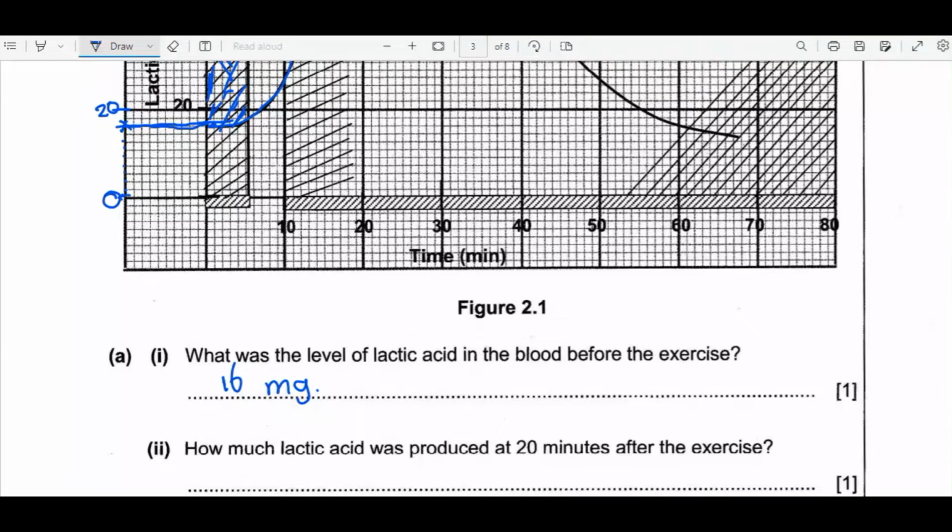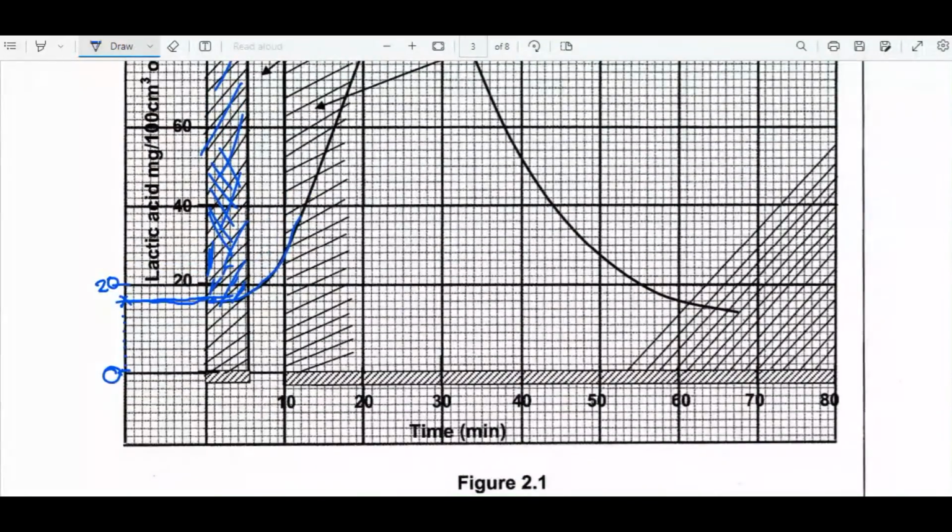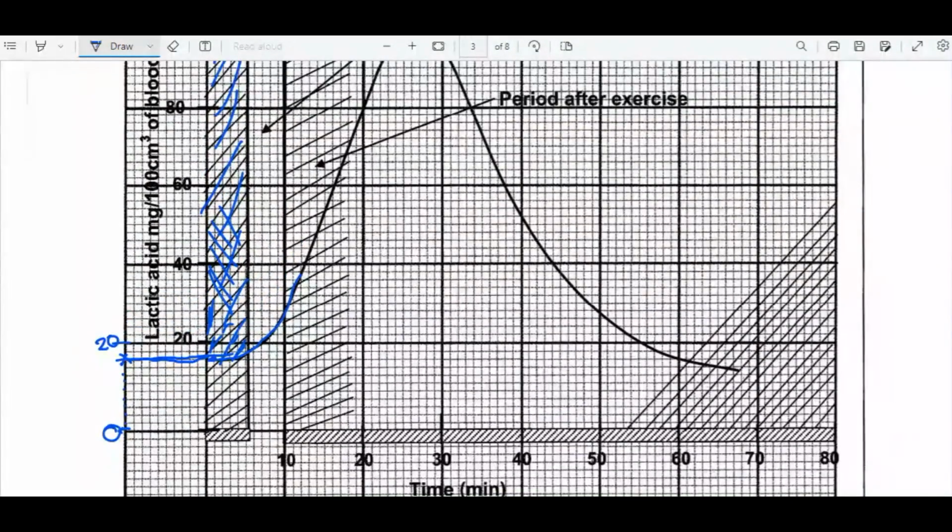milligrams. Then Roman number 2, how much lactic acid was produced at 20 minutes after the exercise? 20 minutes, so we are going to the x-axis. We'll move to the 20 minutes, then we'll move vertically until we touch the given curve.